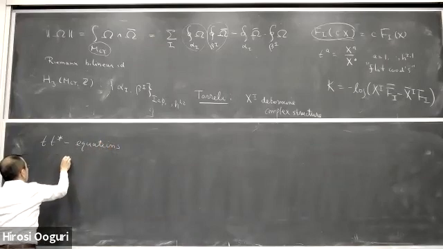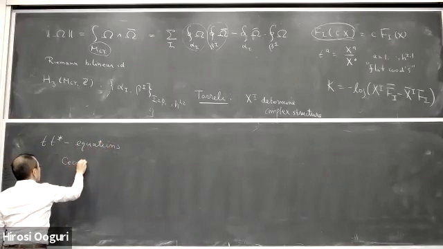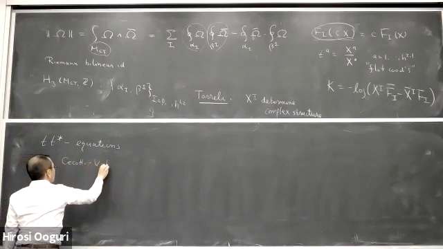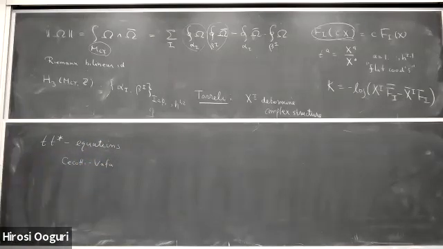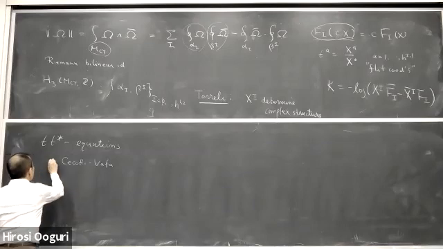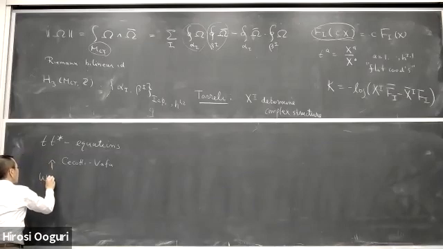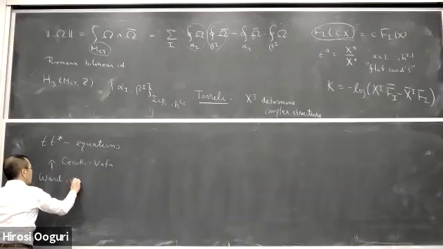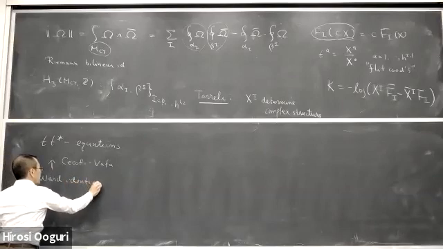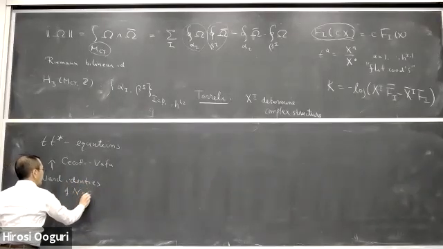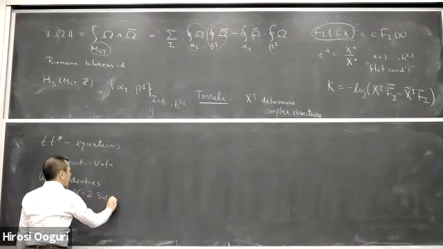This was developed by Cecotti and Vafa in the early 1990s. And this essentially follows from the Ward identities of N=2 superconformal symmetry.